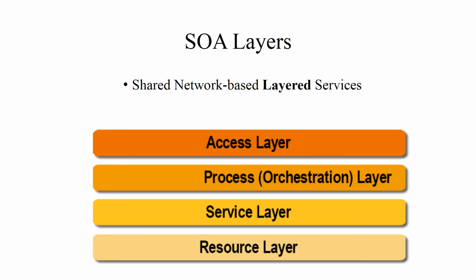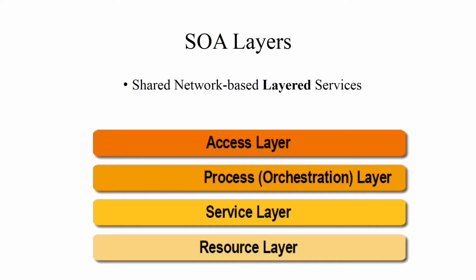Service-oriented architecture has four layers. We start with the shared network-based layer services. The first layer is the resource layer, which consists of every possible resource related to the service-oriented architecture. Next is the service layer, which consists of the different types of services provided by the service provider.